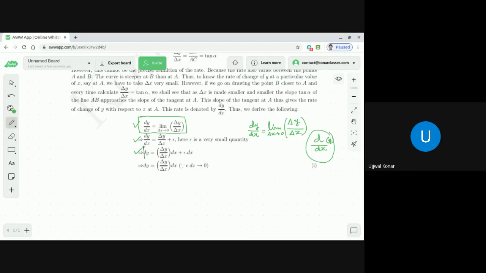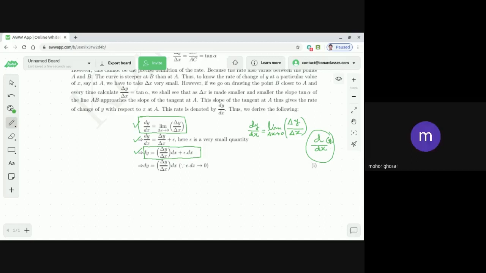Now there is a very interesting thing. Epsilon is a very small quantity. dx is also a very small quantity. When you multiply two small quantities, the result will be even smaller. If you multiply 0.01 with 1, you get 0.01. But if you multiply 0.01 into 0.001, you get a very, very small number.